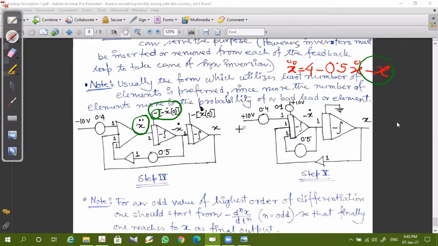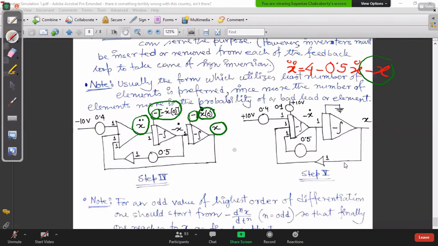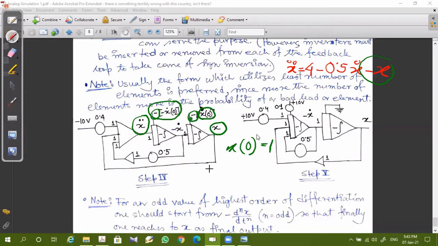Again, see, this is x t, so the initial condition should be x0. But since there's an inversion involved here, you need to put a minus. Yes? Any confusion? Say the initial condition for x0 is 1. So you have to put -1 volt over here, right?